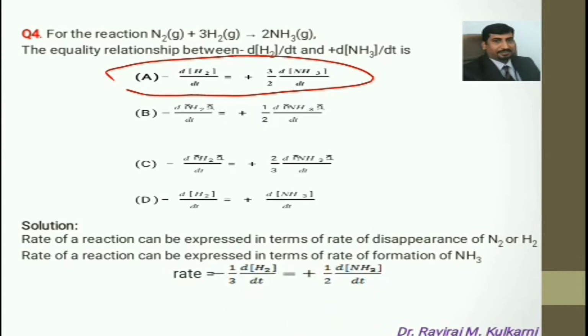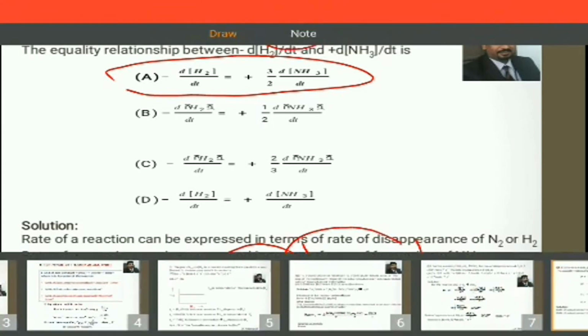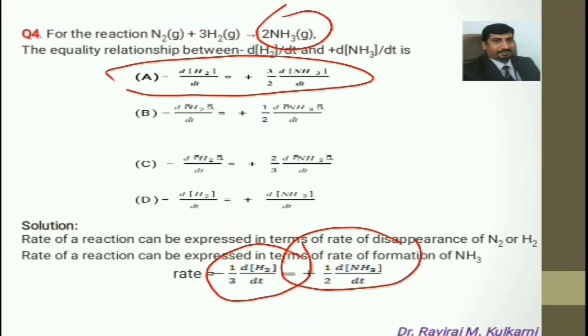So rate is equal to minus 1 by 3 dH2 by dt. Why 1 by 3? Because the molecularity is 3 here. The minus sign indicates it disappears. The plus sign indicates that ammonia is forming. Its molecularity is 2, 2 molecules of ammonia are forming, right?